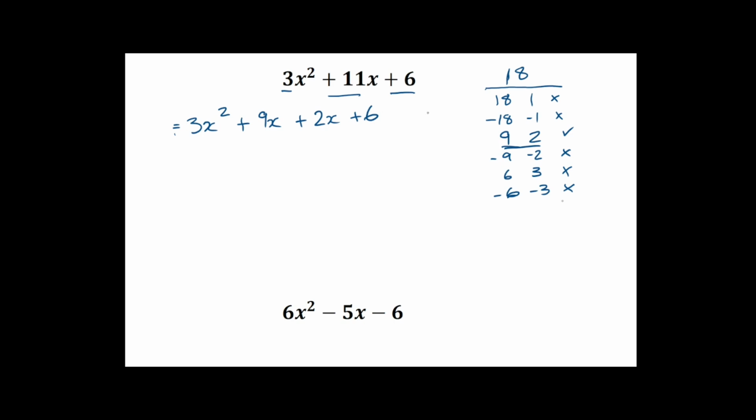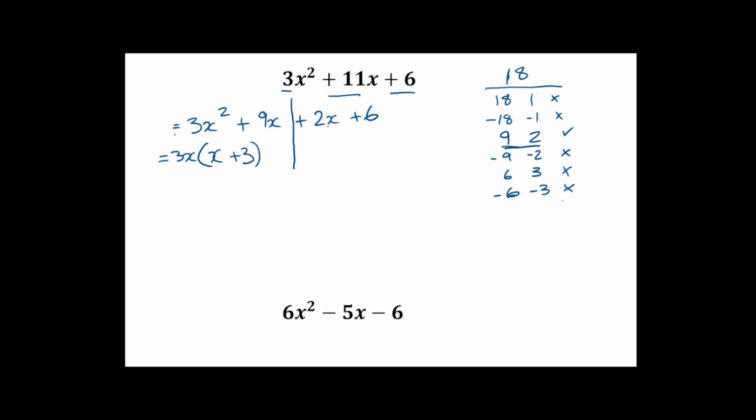Right, so we've just expanded it out, and now we're going to cut it in two. What's the common term here? Well, it's 3x. 3x times what is 3x squared? It's going to be x. 3x times what equals positive 9x? Well, it's plus 3.